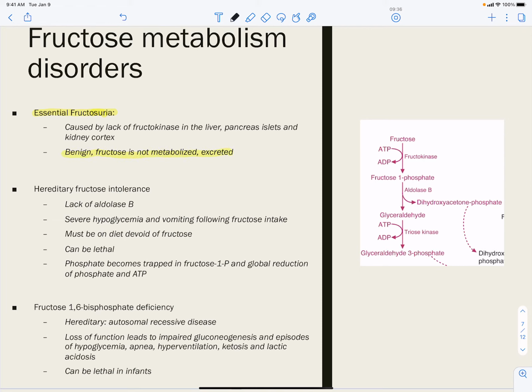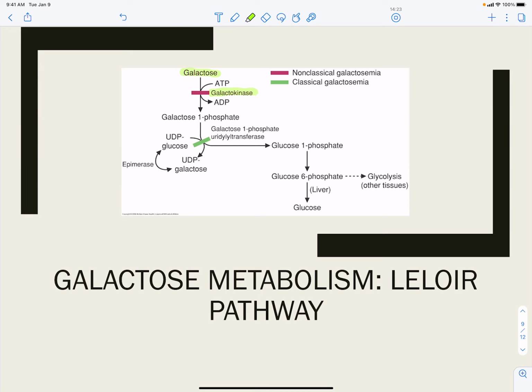All right, so let's talk about galactose now. Galactose is going to be picked up by your liver primarily, and it has a galactokinase, like a fructokinase and a glucokinase. And again, you're going to add one phosphate, that one carbon phosphate.